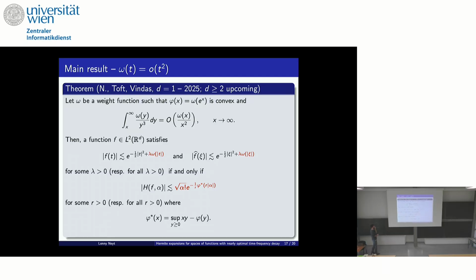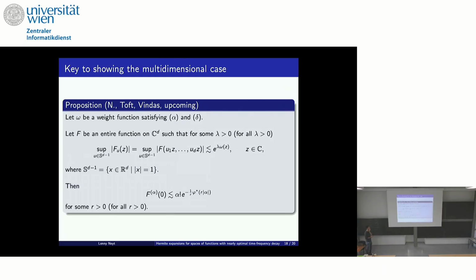But then, not so recently, there is some idea we had that, okay, if you have your weight function omega, and you have an entire function, for instance, you don't really look at the entire function in its whole. You fix angles, but then in each of the variables, you have a bit of a weighted version of that specific complex function.